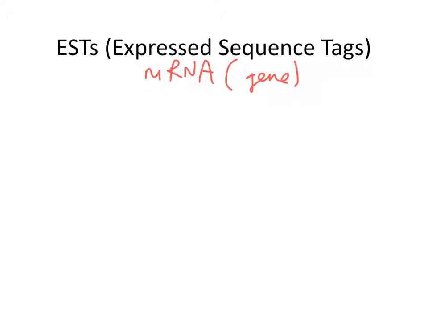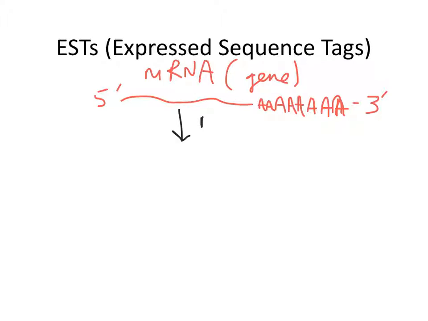And the way that they're prepared is that you extract messenger RNA, which I'm going to describe as having lots of adenosines on its 3' end because messenger RNAs have lots of A's on their 3' ends, one end. Those are converted by a process called reverse transcription, which is the reverse of transcription.